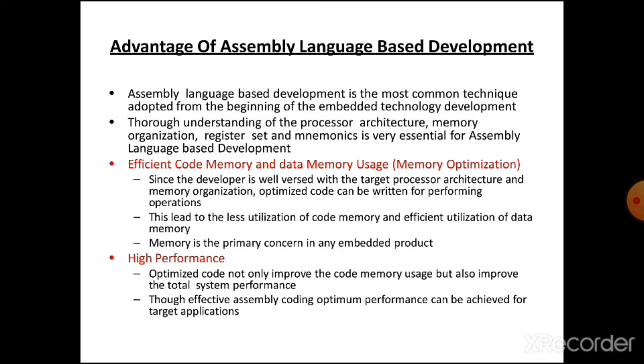Here, the developer must know the target processor and its architecture and memory organization. Only then can he write the instructions and the correct program with optimized code. So memory optimization is a very important task in embedded product development. He can write code with less utilization of code memory and efficient utilization of data memory.